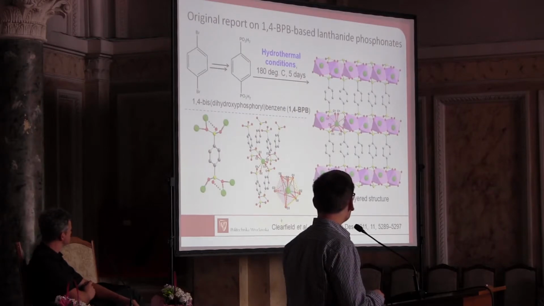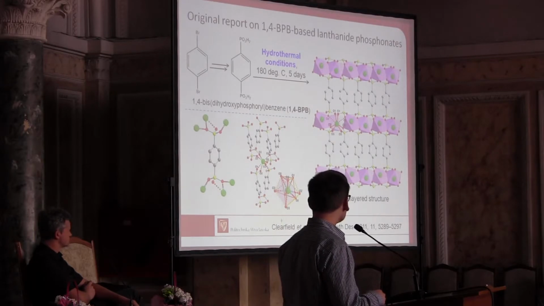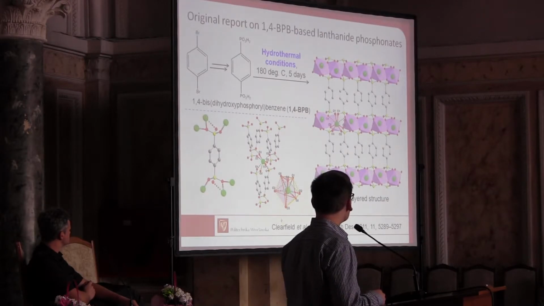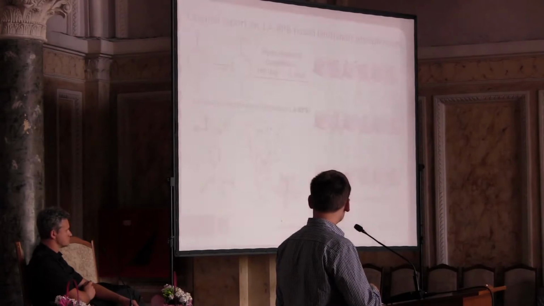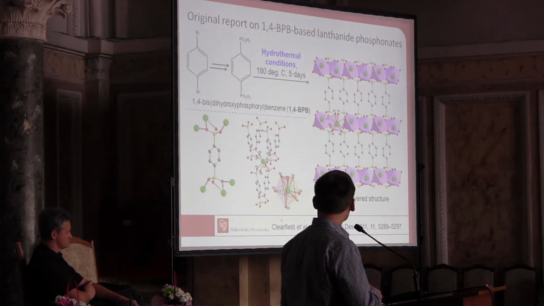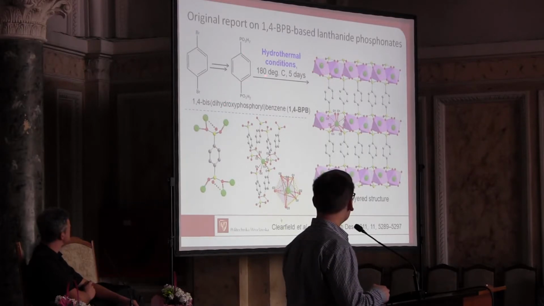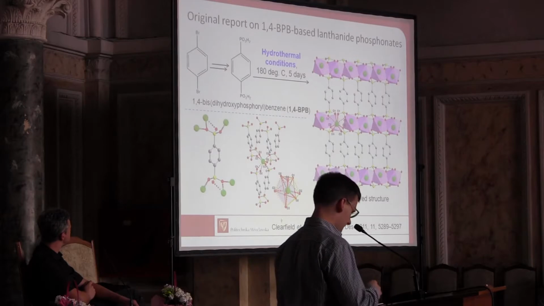The original report on layered lanthanide phosphonates was provided by Clearfield and co-workers in 2011, and they obtained a series of lanthanide phosphonates using a hydrothermal convection-type reaction, in which they mixed the ligand shown to the left with a lanthanide source and heated it for over 5 days, yielding a typical layered structure.